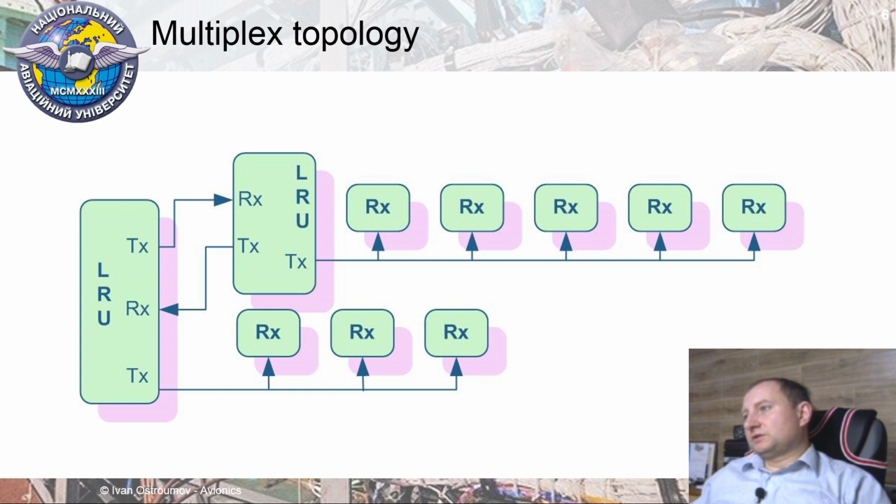For example, this LRU transmitter can transmit data to another LRU with a receiver, and then these packets can be switched to the local subnetwork of this LRU with multiple receivers inside, also up to 20 receivers.